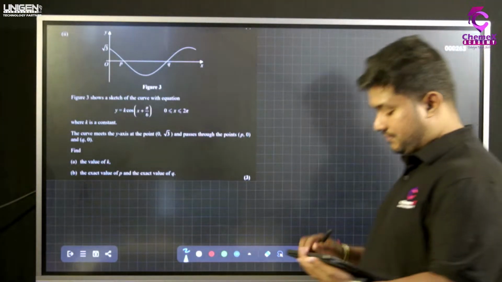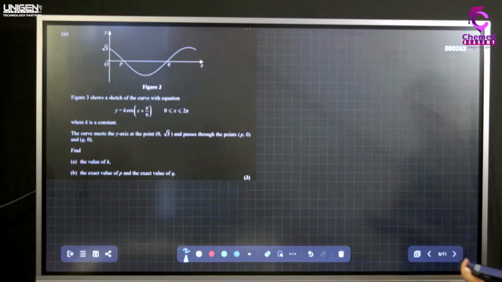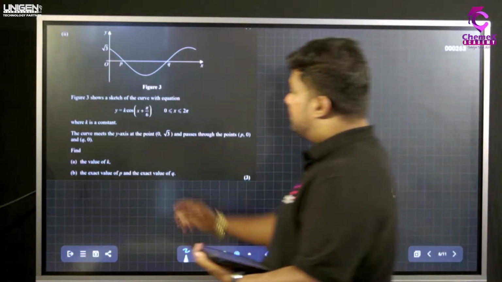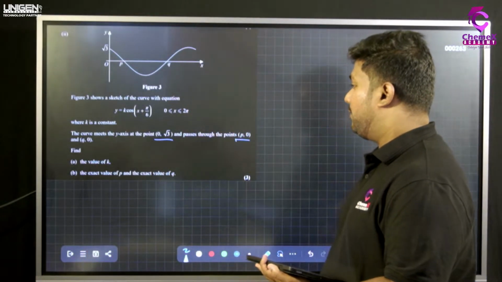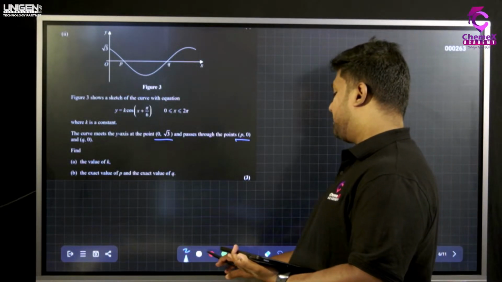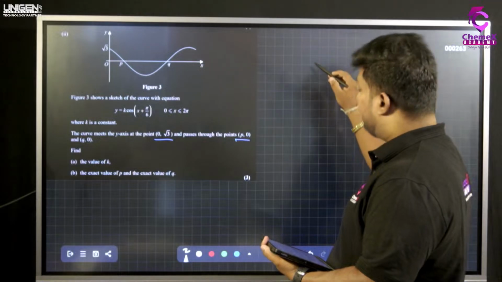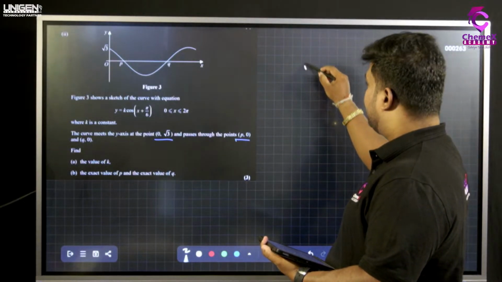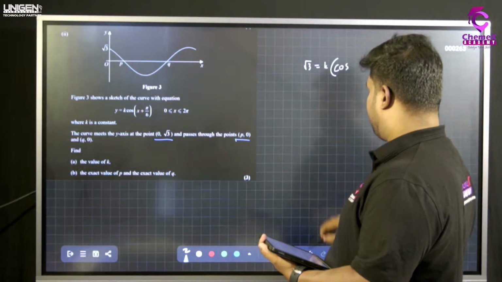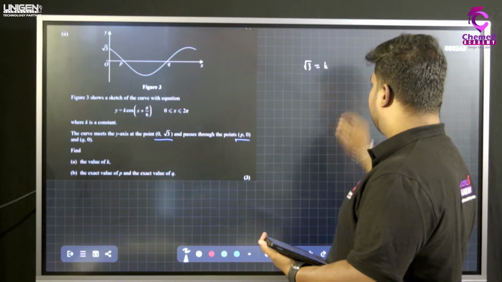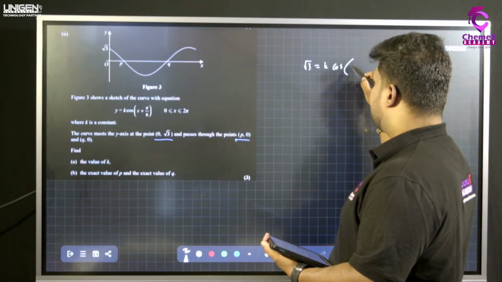The next graph. So in the next one they are asking, the curve meets the y-axis at (0, root 3) and passes through a point P and (0, Q). Find the k. So if it crosses through (0, root 3), you can equate them, right? So root 3 equals k times cos of what? x is how much? 0, right?